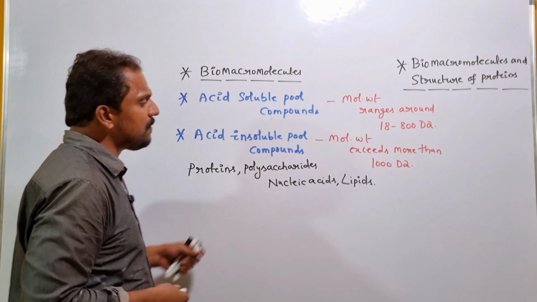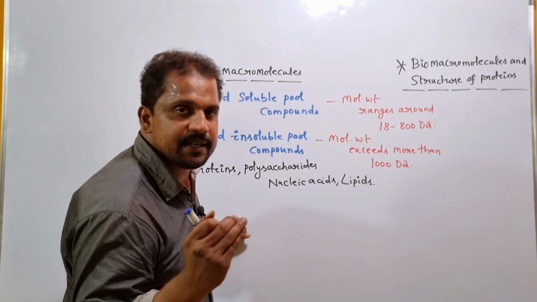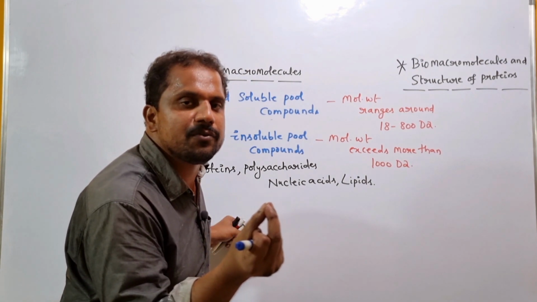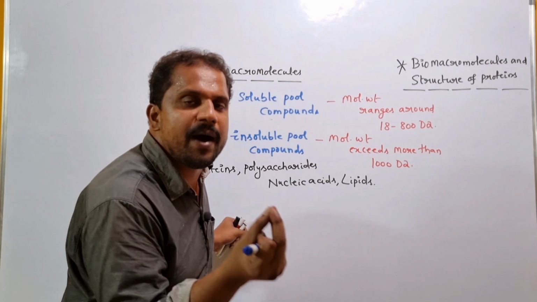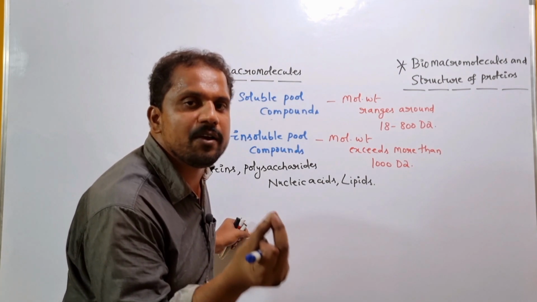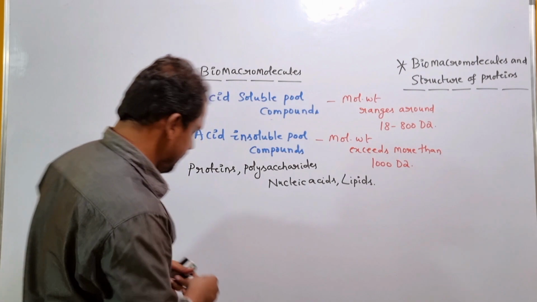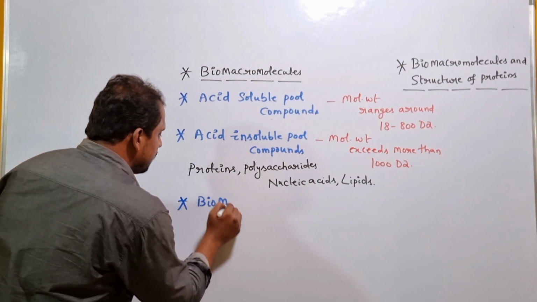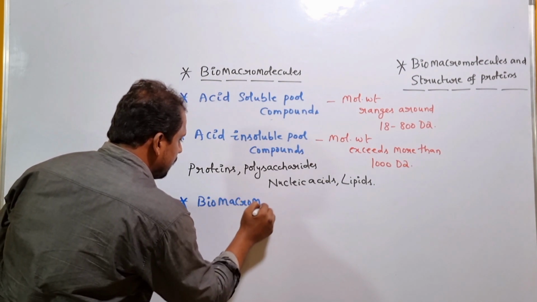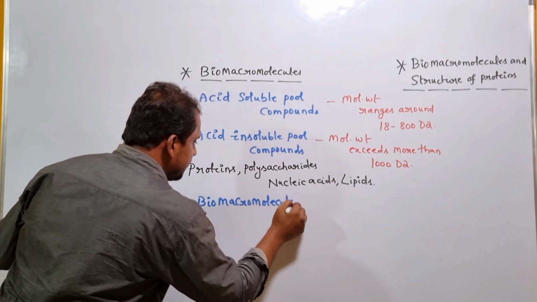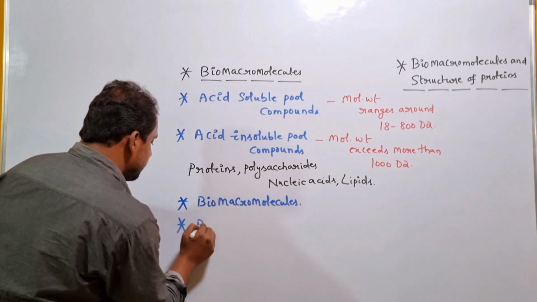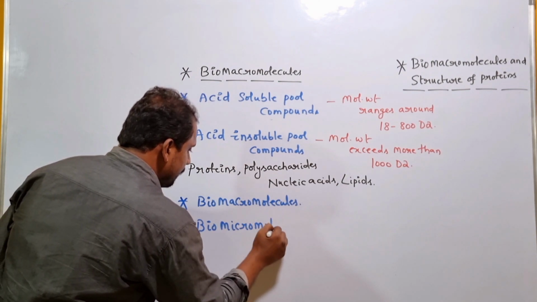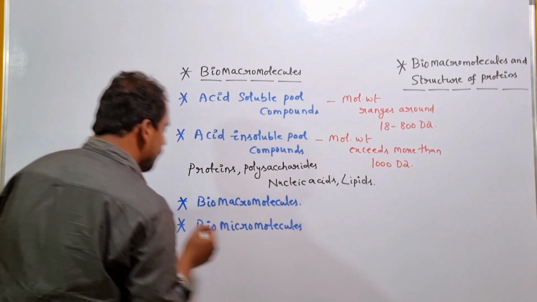So by taking the advantage of molecular weight into consideration, we can classify or differentiate the specific compounds into two different types, and these include biomacromolecules and the other one is biomicromolecules. Is it clear? So what are biomacromolecules?